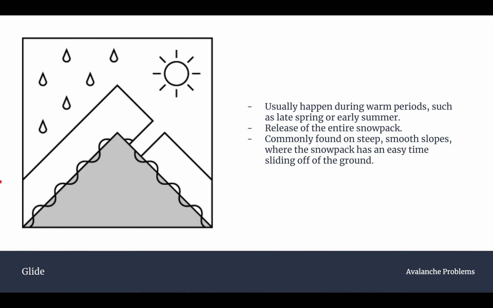So it typically happens when the snowpack is pretty thin, but it can still be very deadly, and it's definitely not easy to predict. These can be very unpredictable avalanches, and while they may be small, they can definitely still catch backcountry recreationalists off guard.